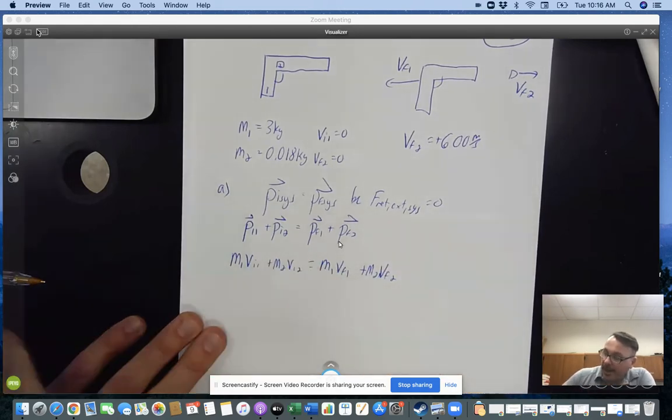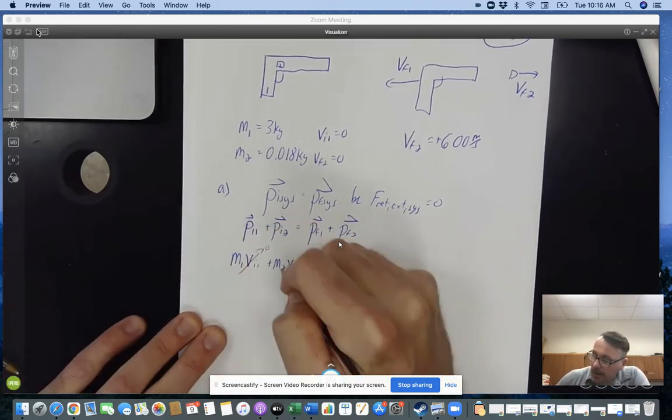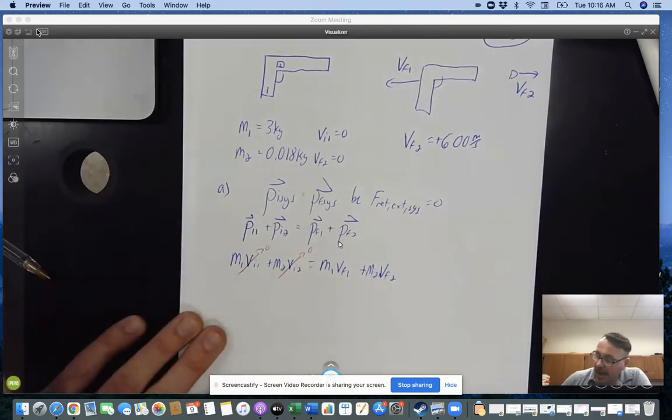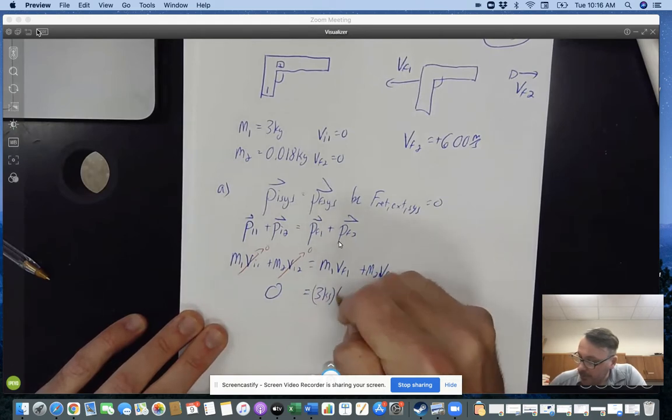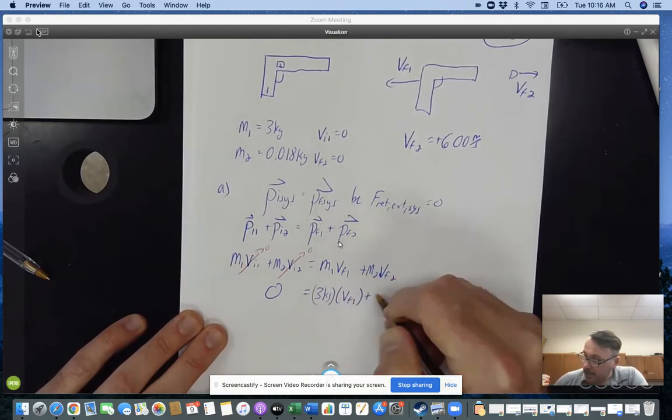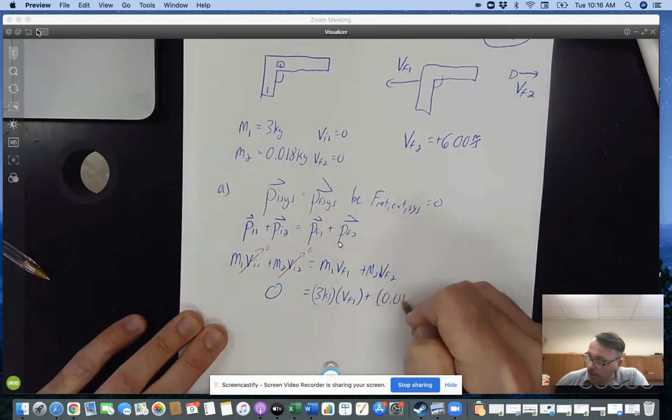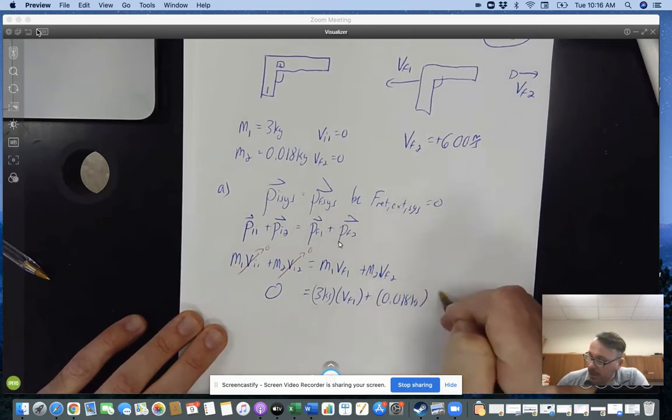I know that that's going to go to 0 and that's going to go to 0, so this entire side zeroes out, and then I can just plug in. So this is 3 kilograms times vf1 plus 0.018 kilograms times positive 600 meters per second.